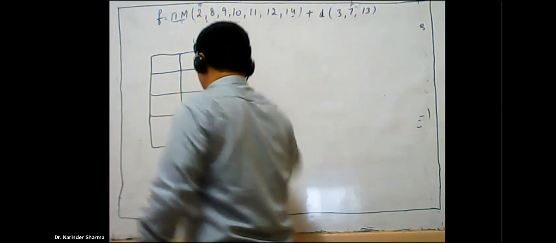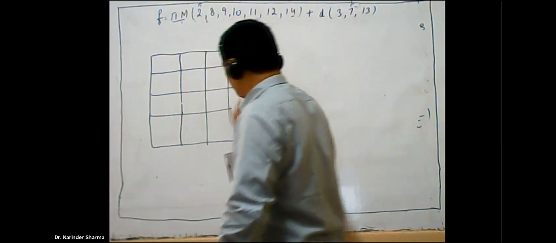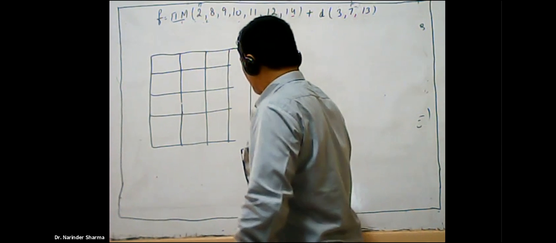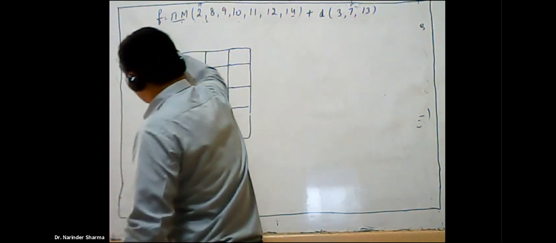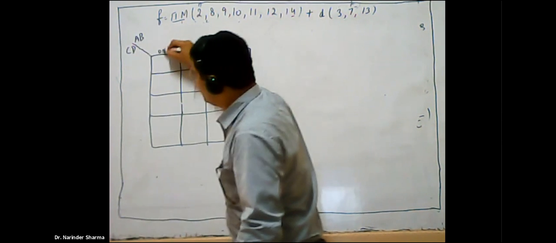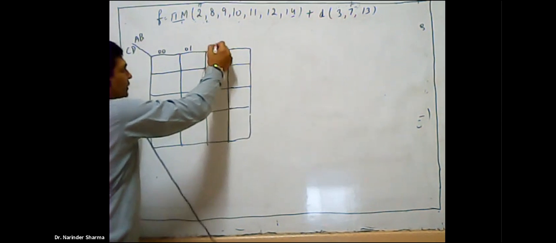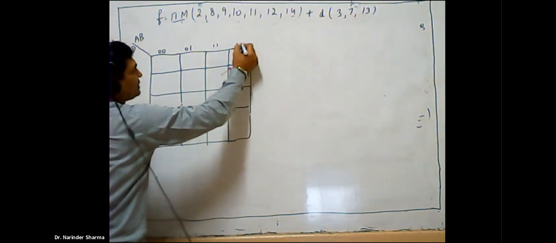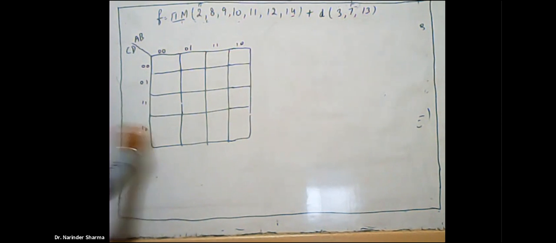We will design the 4 variable K-map. This side is variable AB, this side is CD: 00, 01, 11, 10, and 00, 01, 11, 10.